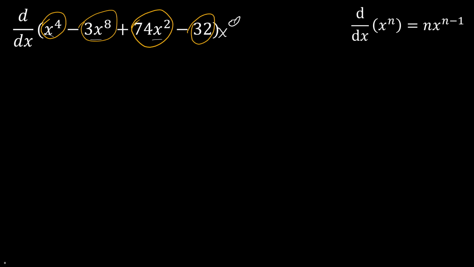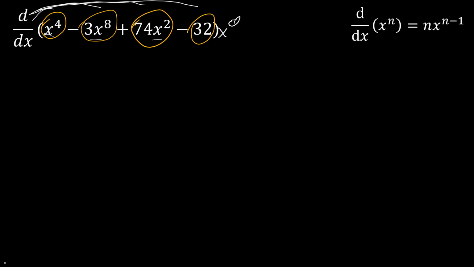So here's how you do the power rule. We can take the derivative of each of these expressions because they're being added or subtracted, and that's the addition and subtraction rule of derivatives. But we want to learn the power rule.